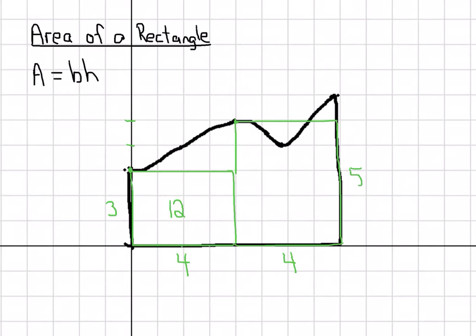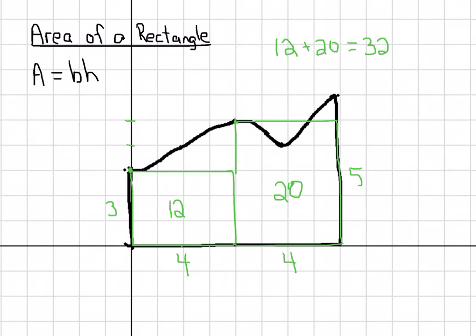Its height is 5, so 4 times 5 is 20. So the area of this one is 12, and the area of that one is 20. So 12 plus 20 is equal to 32. So an approximate answer to the area underneath this curve is 32 square units.